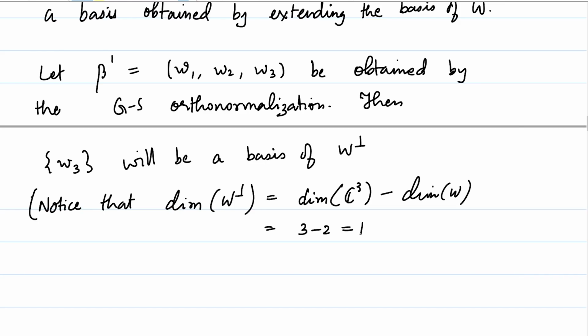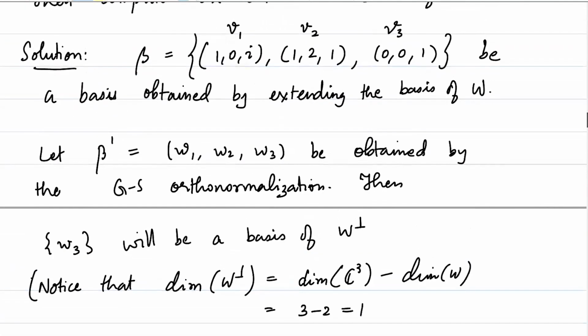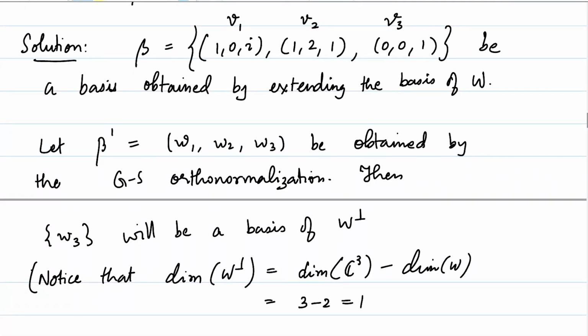W3 will be one vector which will form a basis of the orthogonal complement of W. All right. So let's compute the vector W3 in here. But before that, there is one thing which you will have to check: the vector V3 is not linearly dependent on V1 and V2. That I will leave as an exercise for you.